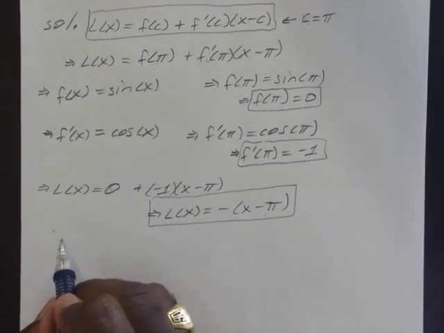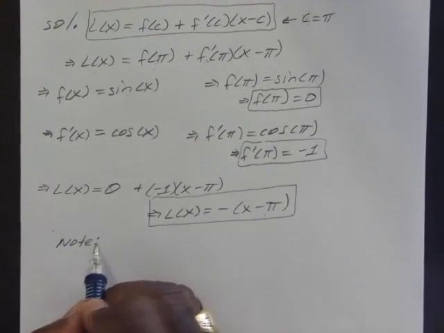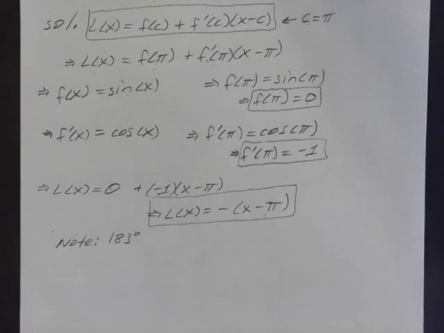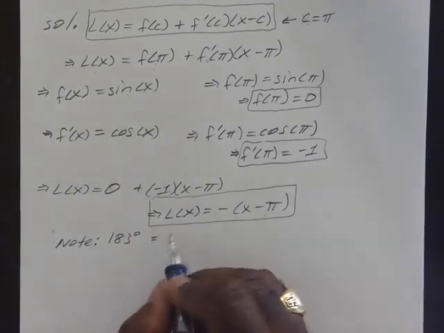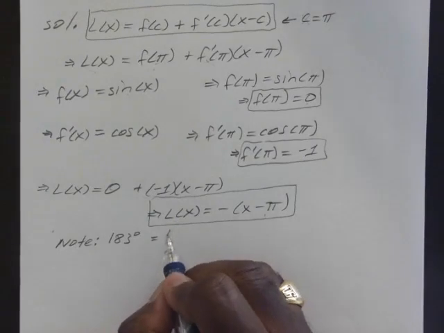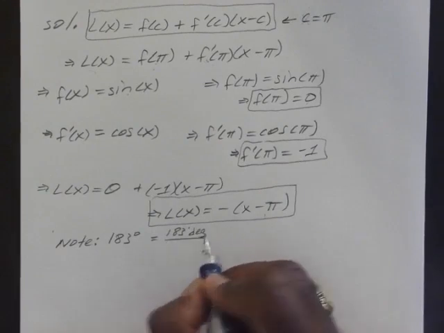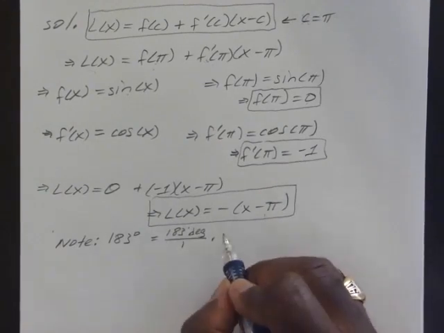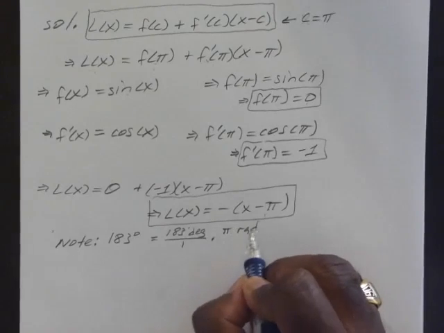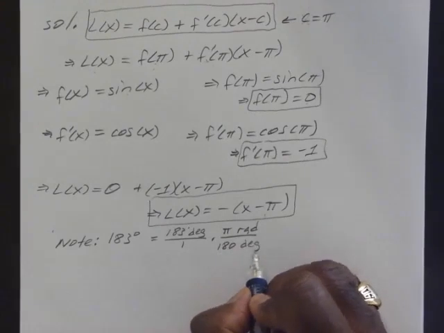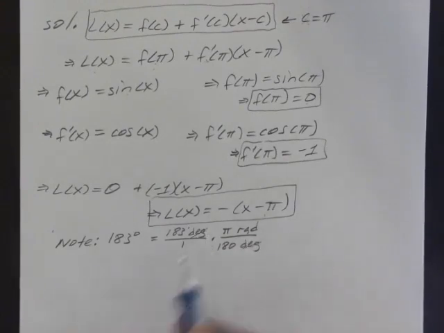Okay, so we know that if we have 183 degrees, to convert from degrees to radians, we just have to multiply it by pi over 180. So that's 183 degrees over 1 times pi radians divided by 180 degrees, where the units of measure cancel each other out.